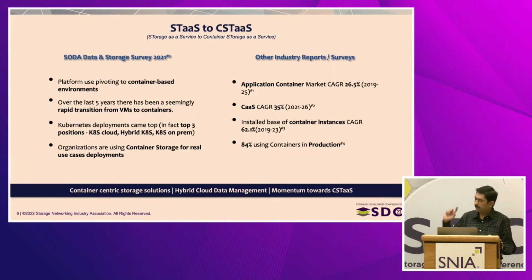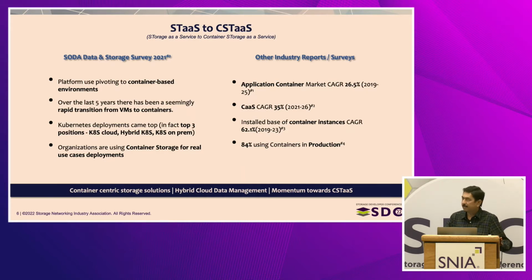But from last year's survey, there is no surprise, actually. You probably know all this. There has been a move towards container-based environments from VMs to containers, and it's growing rapidly.